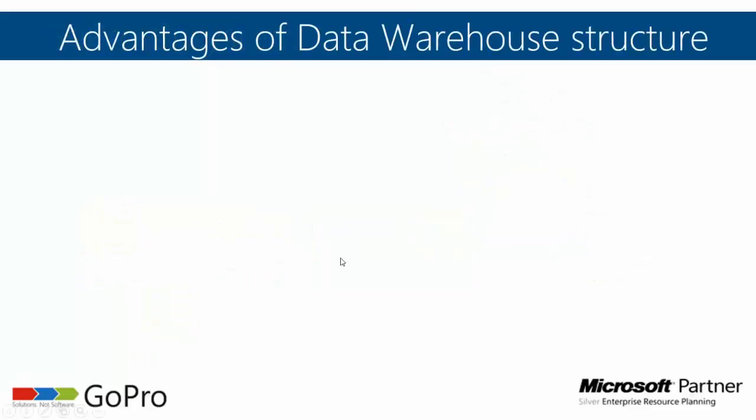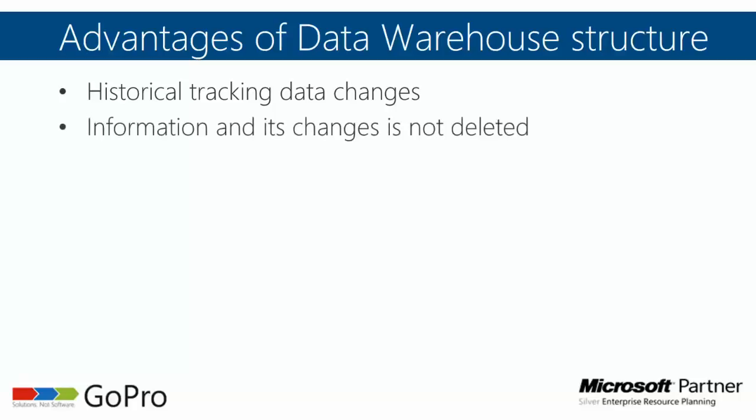We will define some advantages of the data warehouse structure compared to traditional NAV BI systems. They include historical tracking of data changes. None of the information and its changes is deleted from the data warehouse system.